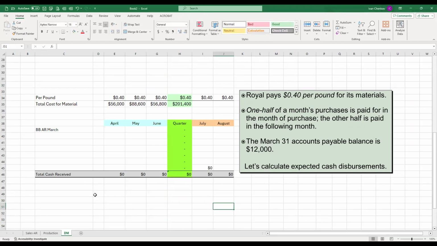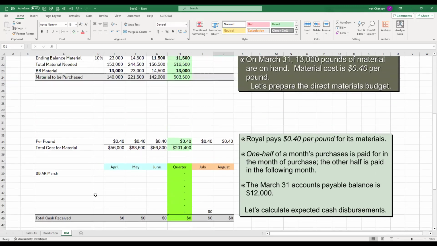Here we go. So we have our material to be purchased. We calculated, we know how much we have to pay per pound. What do we have to do?